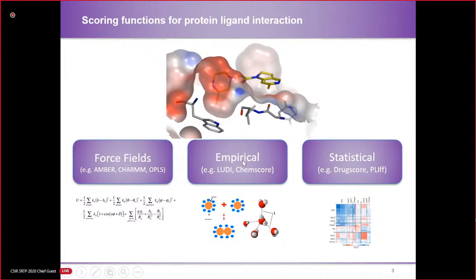The other category is empirical scoring functions that are derived by fitting the experimental observations. So experimentally you can measure the binding affinity of your drug or a small molecule to a protein, and then you have a huge set of that.